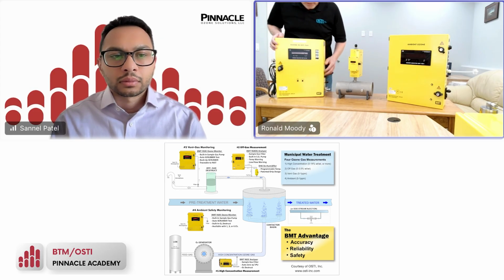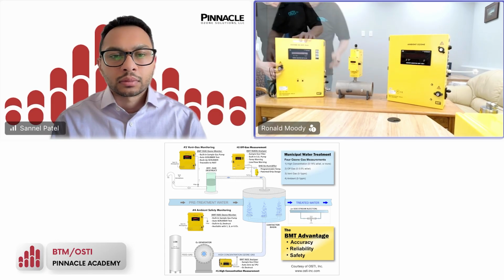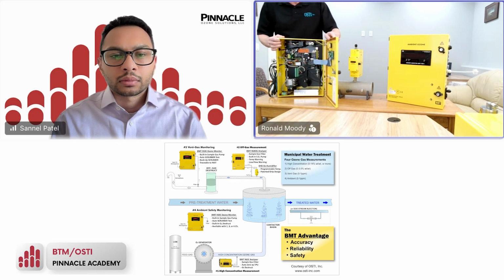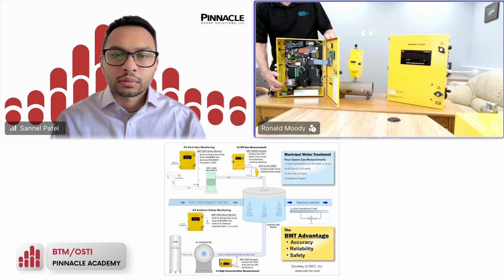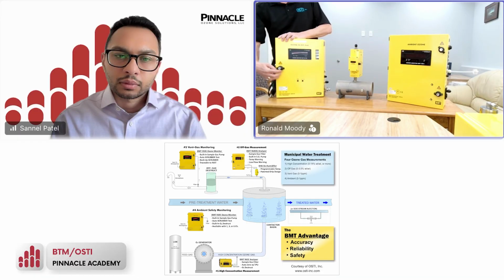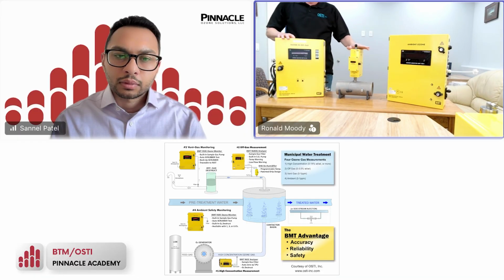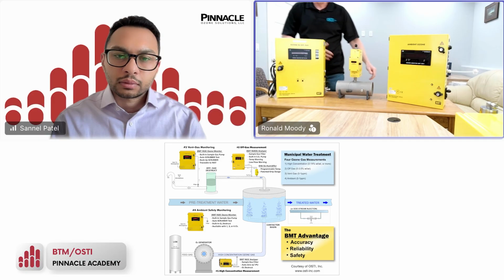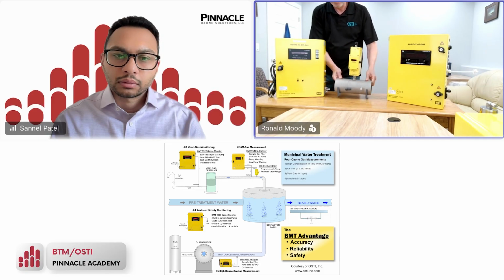So the ozone analyzer is slightly larger simply to accommodate a larger power supply and a sample gas pump. Why do we put a sample gas pump in here? Well, with an off-gas installation, what we're doing is we're typically coming right off of an off-gas header. Here's an example of an off-gas header line, okay?